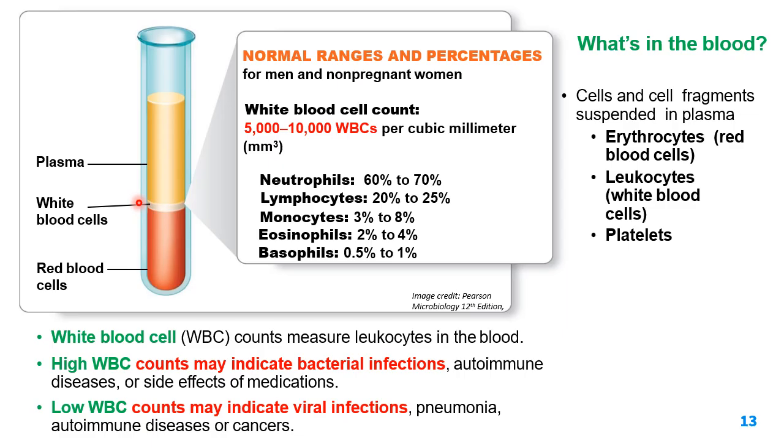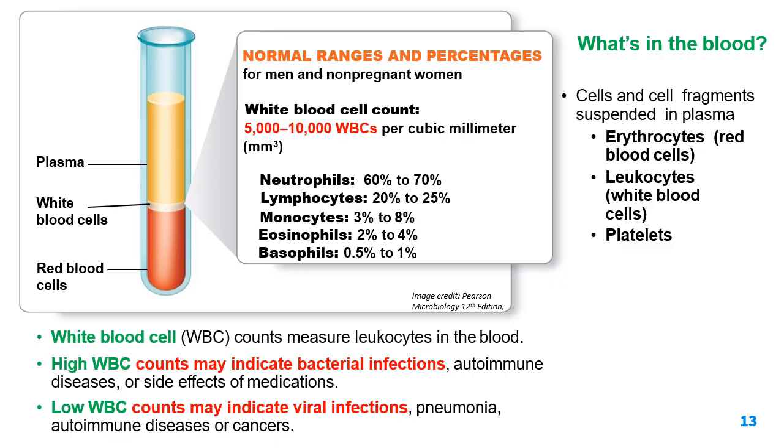Okay, so now let's see what is in the white blood cells, because we're really interested in those. You have a lot of white blood cells per milliliter. What is a milliliter? A thousandth of a liter, a very, very tiny volume.